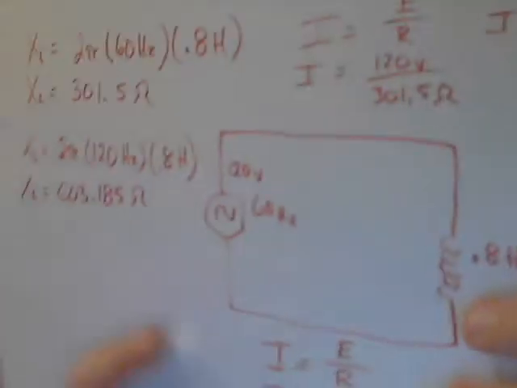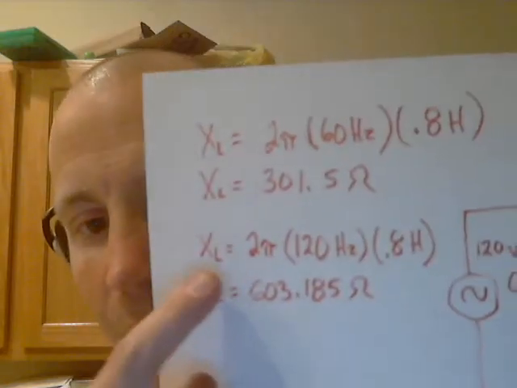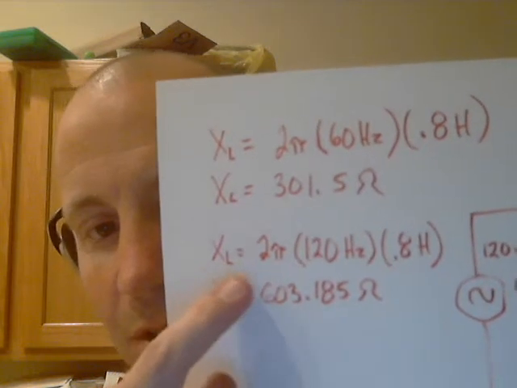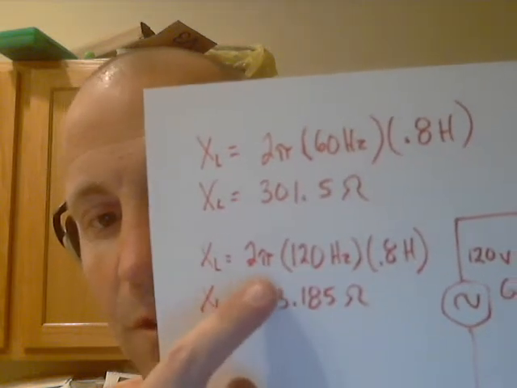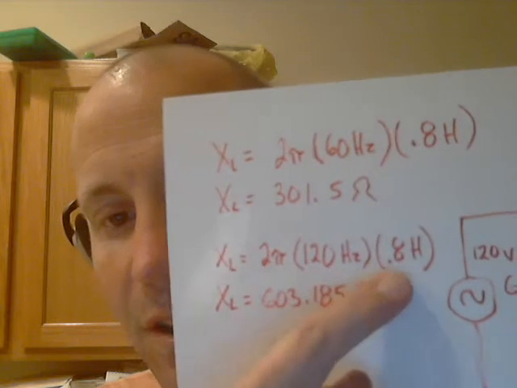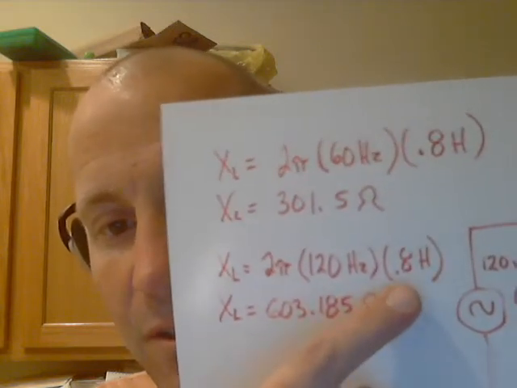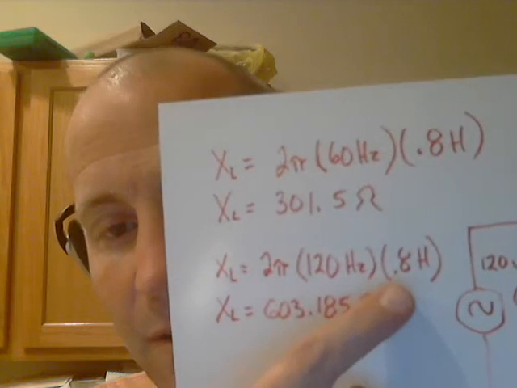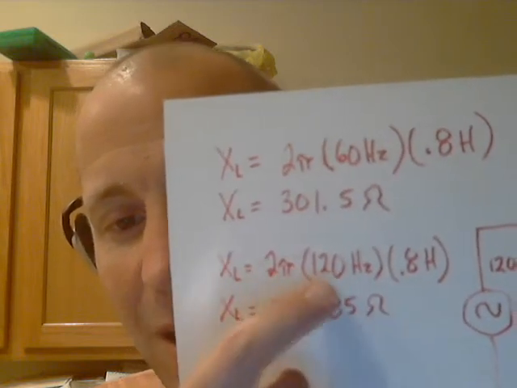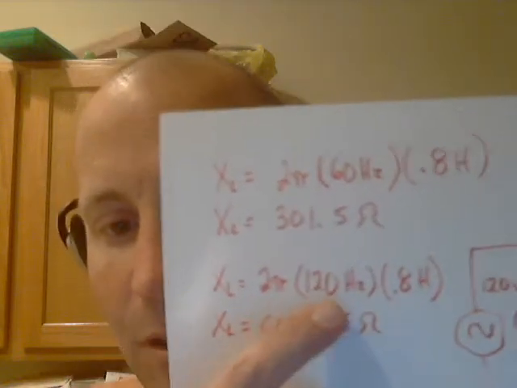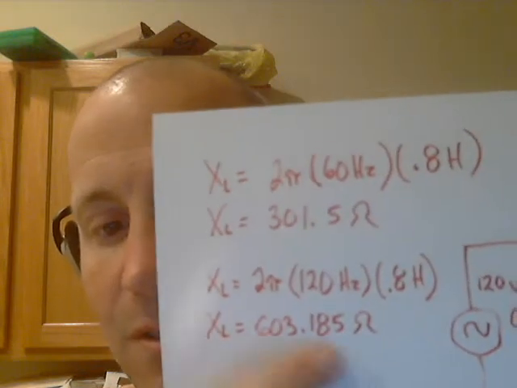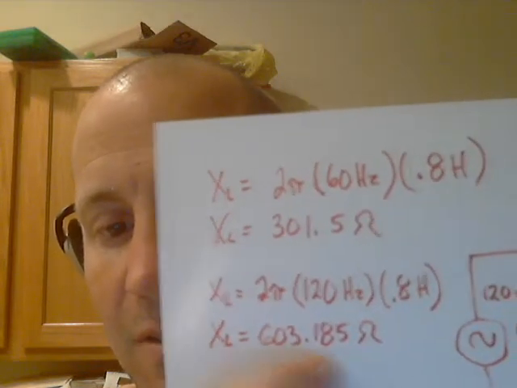Let's take a look at this. Using my formula, X sub L equals 2 times pi times the frequency times the inductance value. I didn't change the inductance value. It still has an inductance of 0.8 henries, but I doubled the frequency. Now look what happens to my inductive reactance.